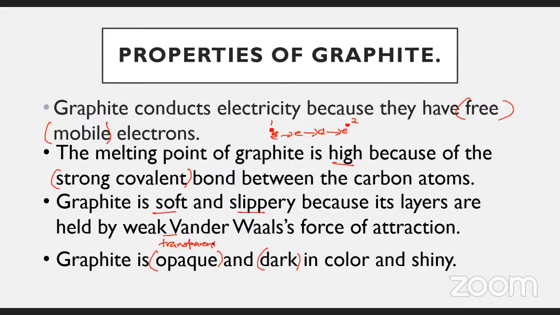I hope transparent is the opposite of the word opaque. For diamond we say it is bright, or sparkling. When we say opaque, it means that we can't see through. So if it is graphite, we can't see through. It is opaque, dark in color, and shiny.